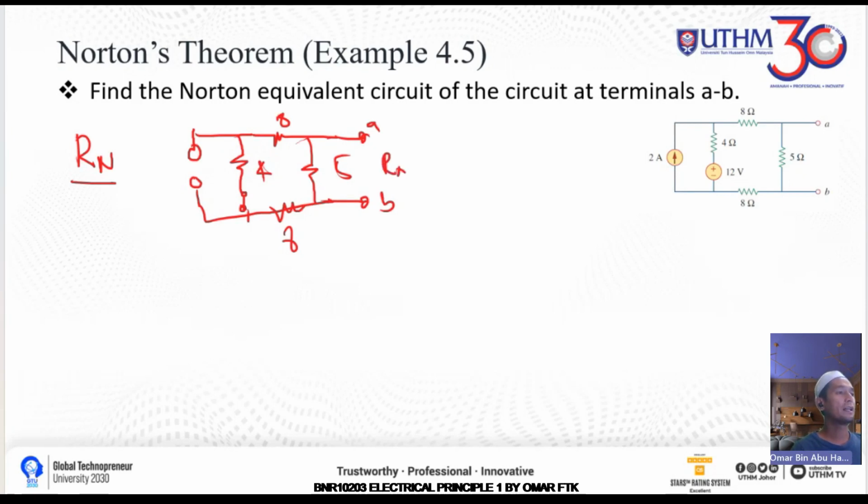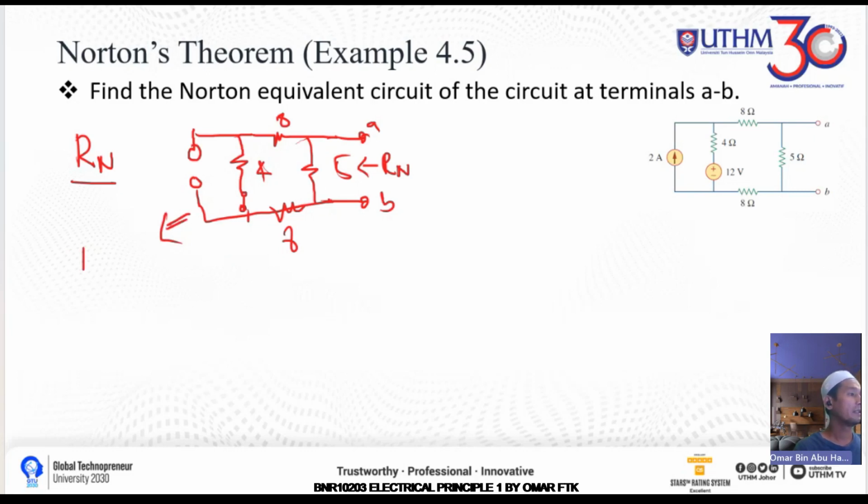So this is Rn over here, the way you look from the terminal AB. The resistors 8, 4 and 8, you can just sum them. So 8 plus 8 is 16, 16 plus 4 is 20.